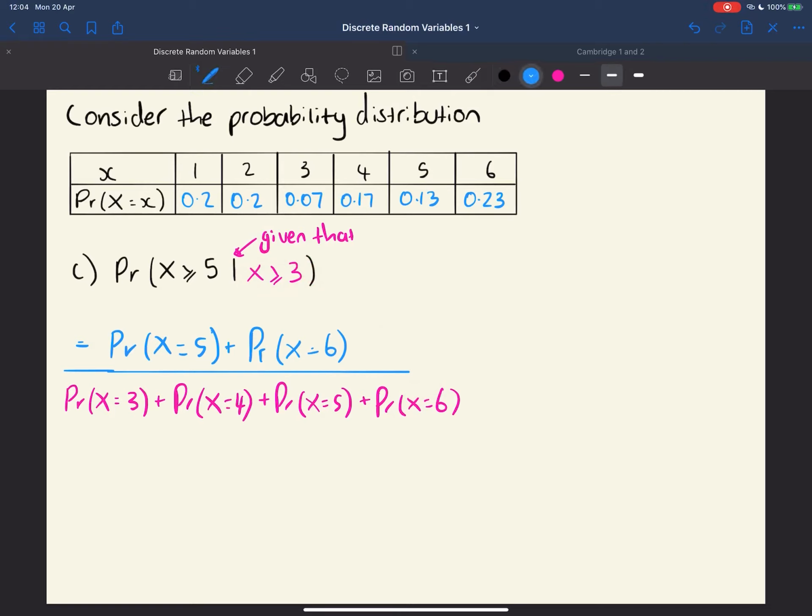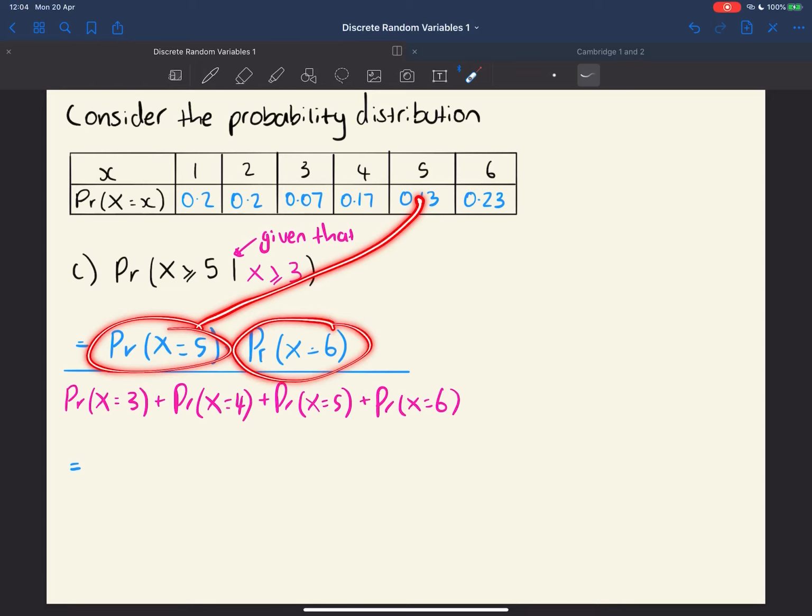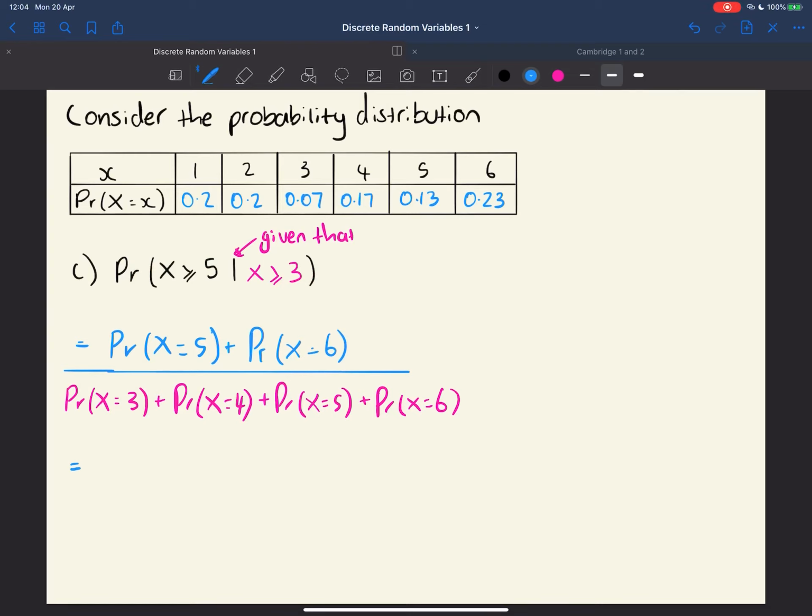And so we'll attempt to solve now. The probability that x is 5 is 0.13. So we just replace each of these values with what they correspond to, with their probabilities. So it'll be 0.13 plus 0.23.